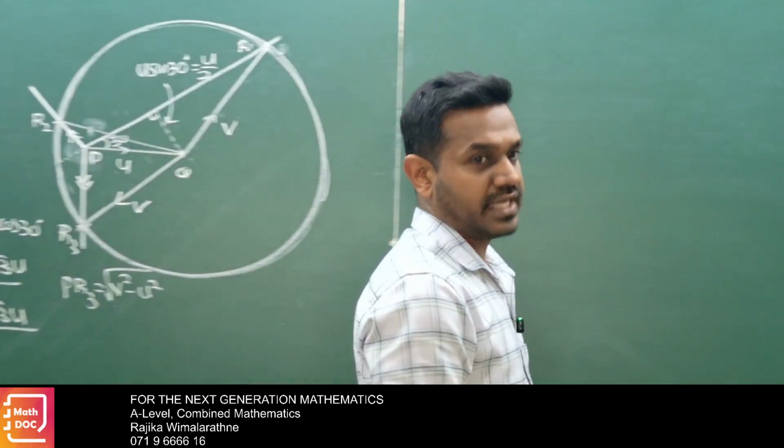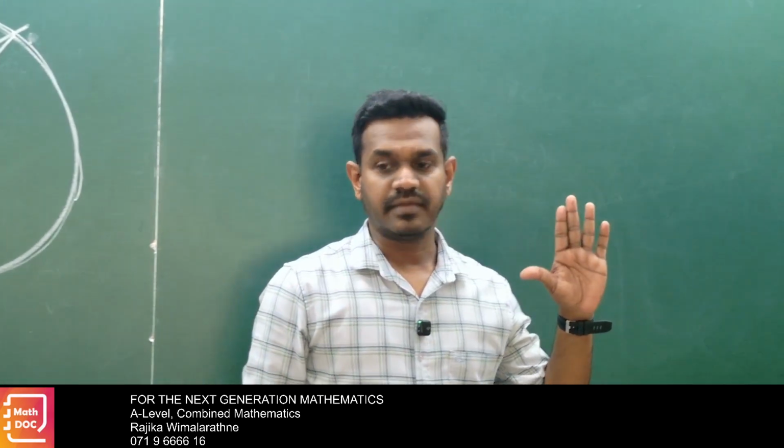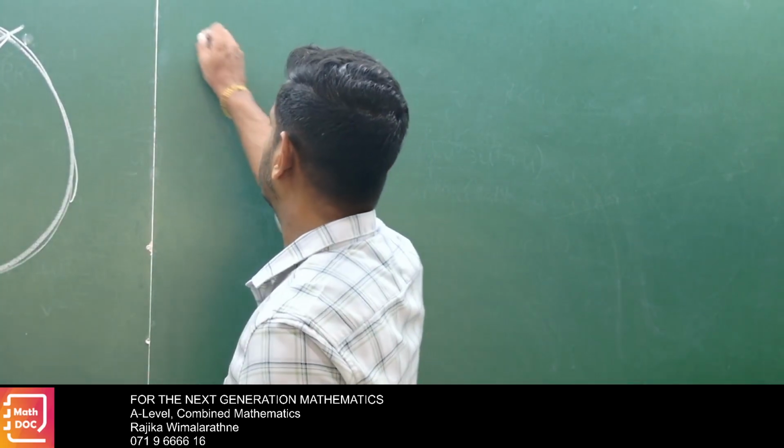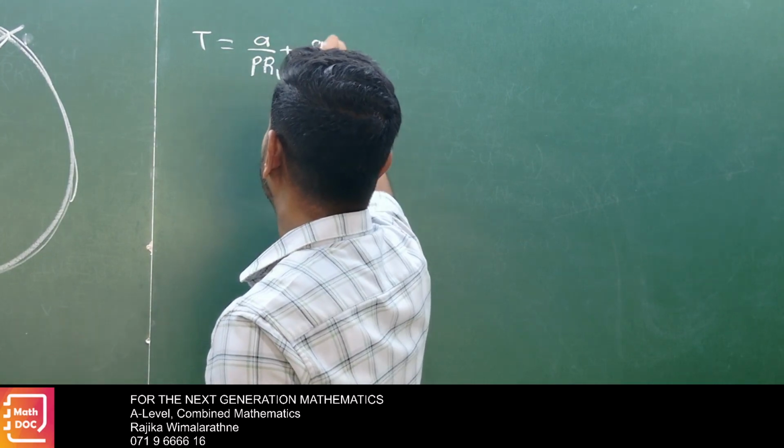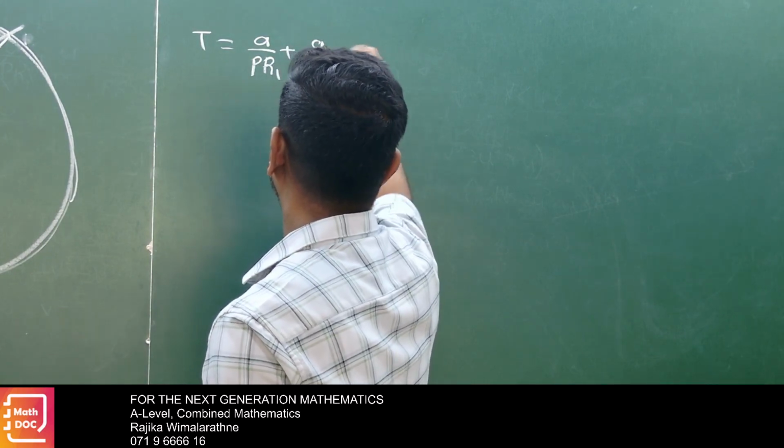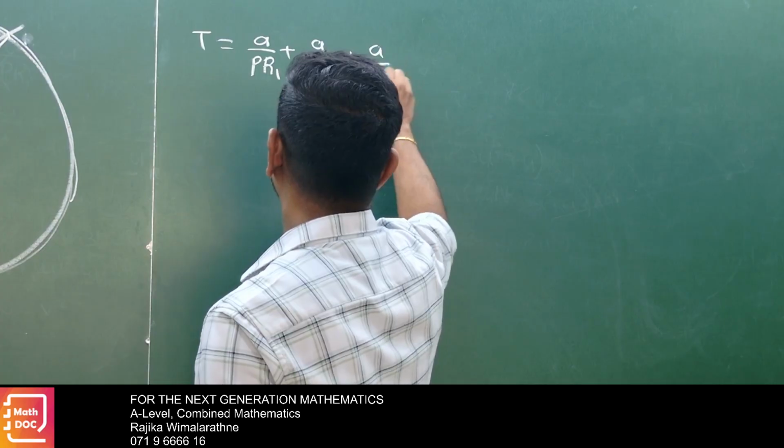Now the total time taken is A over PR1, A over PR2, A over PR3.